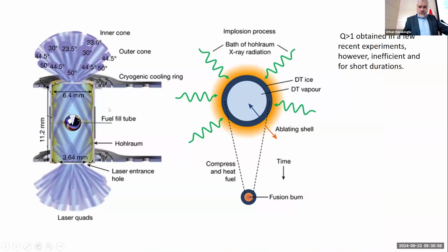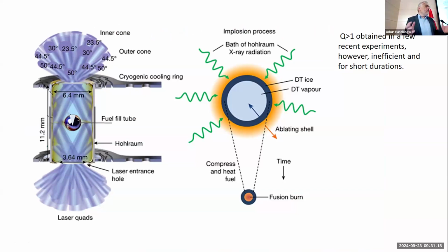And it is again depicted in this chart. A Q value of larger than 1 has been obtained through this experiment in recent years. However, it's still inefficient, and the energy obtained through this experiment is for very short durations, on the order of milliseconds, for very small samples.